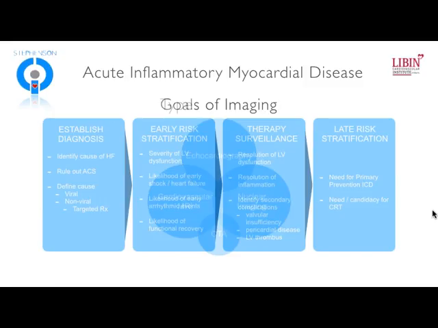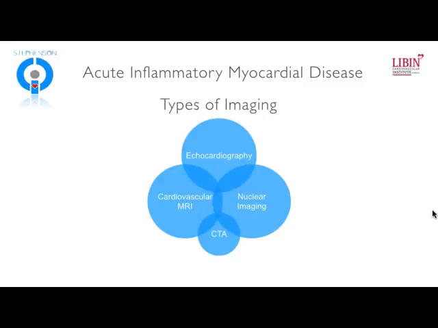Once we initiate therapy, we can look for resolution of left ventricular dysfunction, and we'd be very interested in being able to scale how the inflammation is settling down with our therapy. There are obviously other secondary complications that we may want to keep an eye out for as well. Finally, we know that patients that do not recover LV function may be candidates for either ICD or CRT, and so potentially imaging has a role there as well.